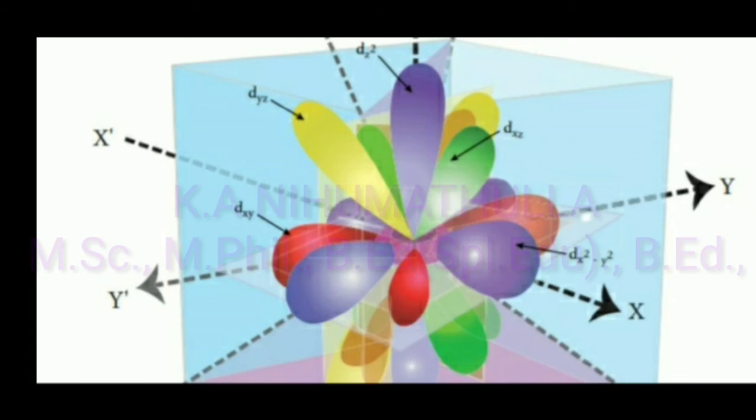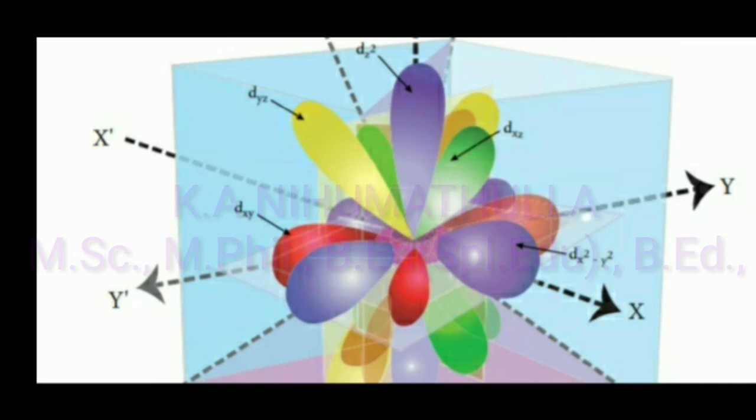We know, as in octahedral complexes, the two orbitals, dx squared minus y squared and dz squared, are indicated in violet color, and they come in the actual bond direction. Actually, these two orbitals are present along the axis.